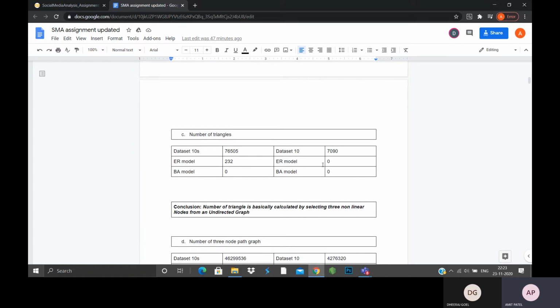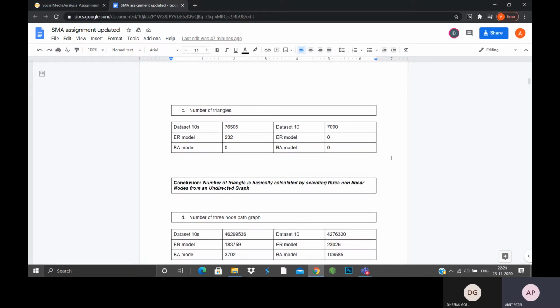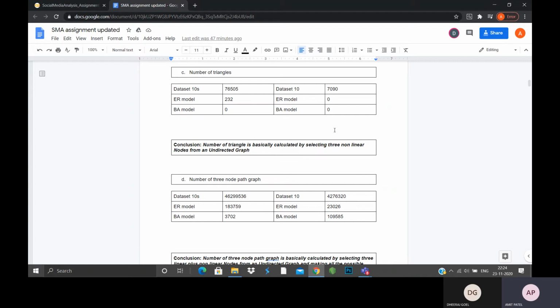Basically, the number of triangles is a non-linear combination of nodes from an undirected graph. As you can see, there are no triangles in the ER model and BA model, just 7090 triangles in dataset 10.